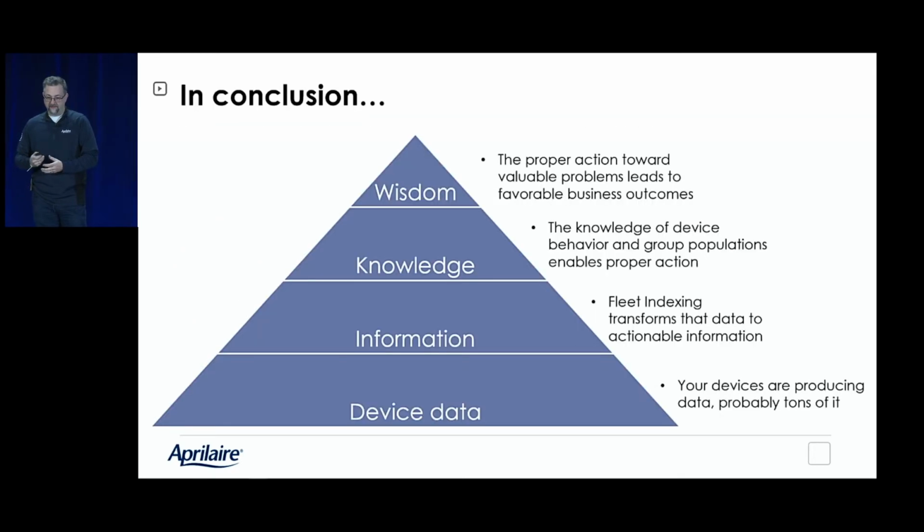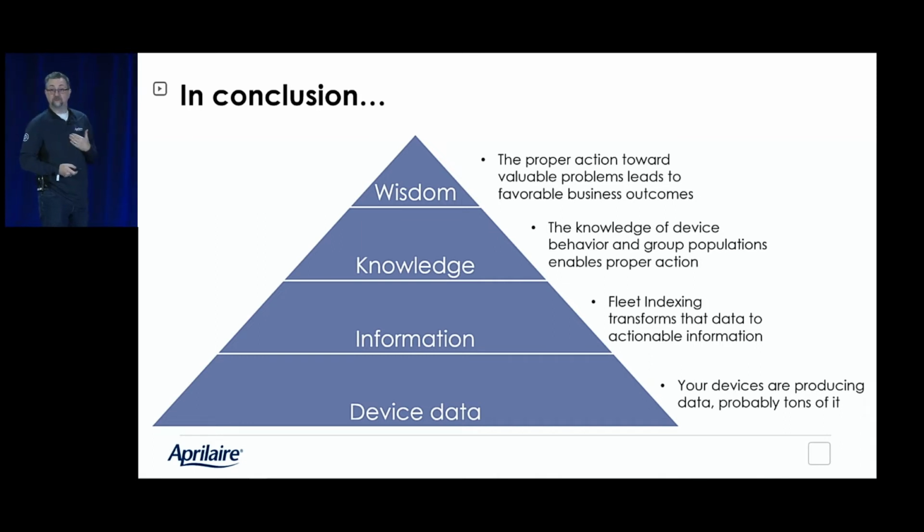So in conclusion, you're probably here because you have some sort of IoT device or are interested in connected devices. Those devices are shedding data all the time. But the device data in itself is not as valuable as the information that comes from that data.